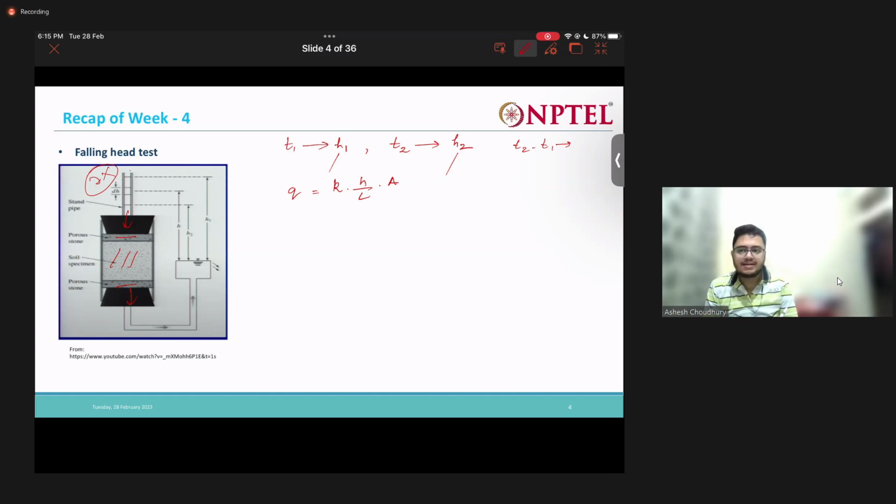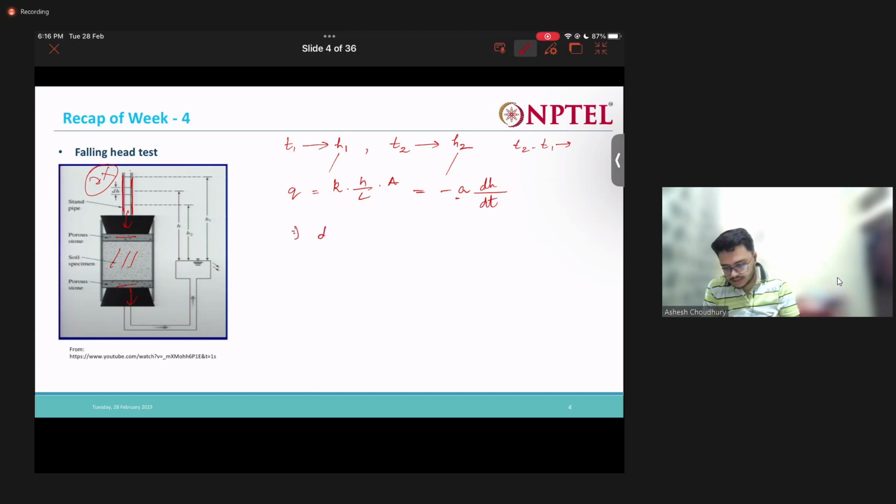And also you can equate it to small a, the area of this tube, into dh by dt, the rate of change of head, into the area of this pipe. Negative, because with increase in time my head is reducing, that's why we are giving a negative sign, right?